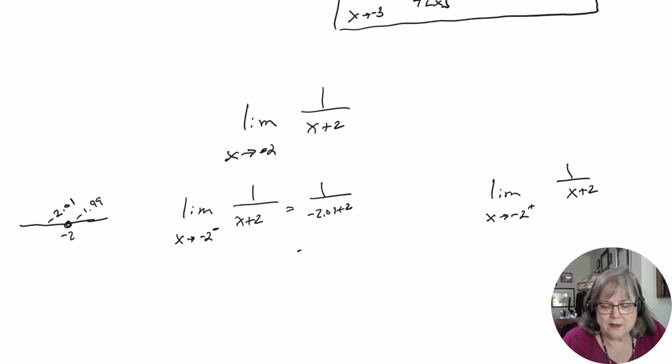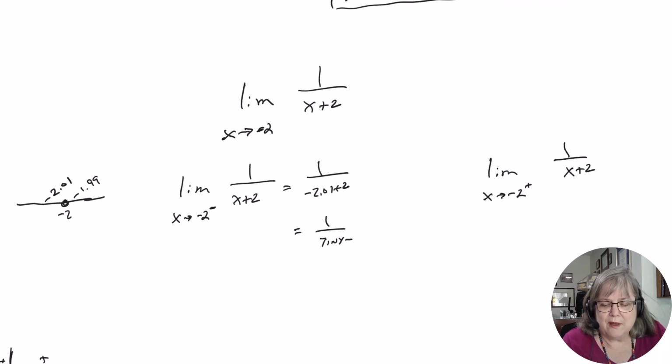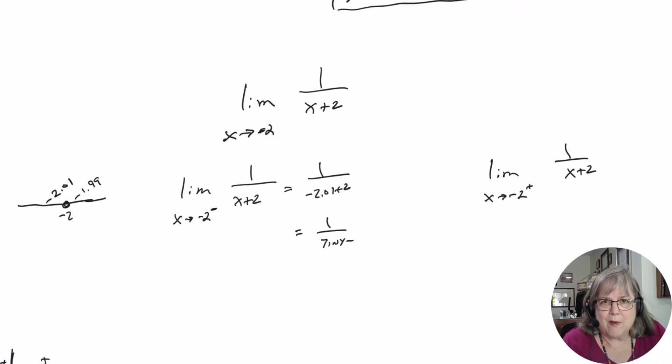So this is 1 over a little tiny negative. Don't put -0.01 in there and come up with a number. It doesn't get to that number and stop or stay there or come in from the other side. At this point, you're going to say this is one of those directional ones where we're going off to infinity, because this is where it's discontinuous, because it has a vertical asymptote.